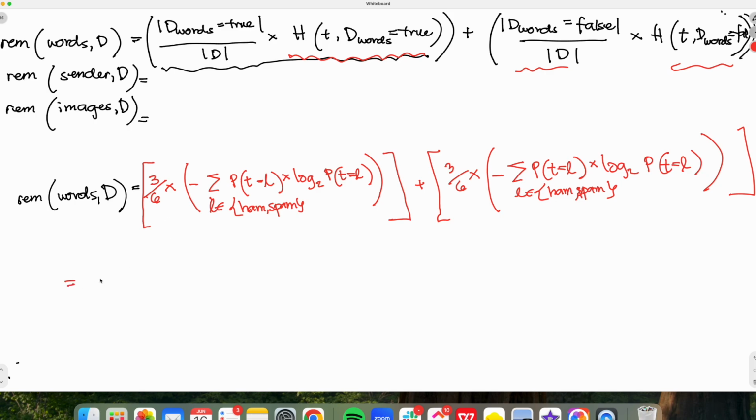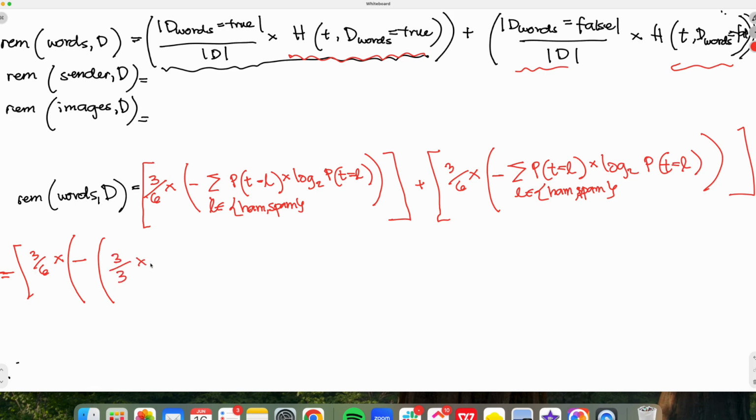So for the first term, we will have 3 over 6. I'll put that in a square bracket. 3 over 6 times the negative. I'll put that out.